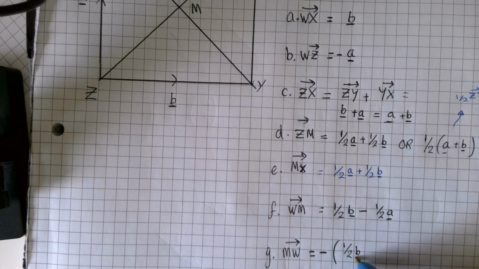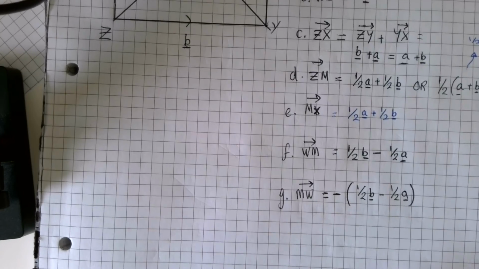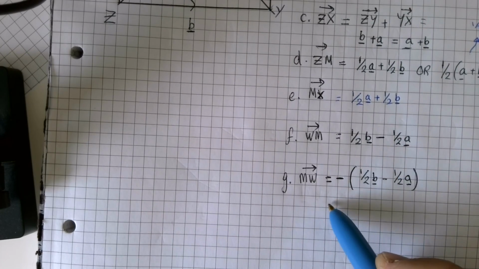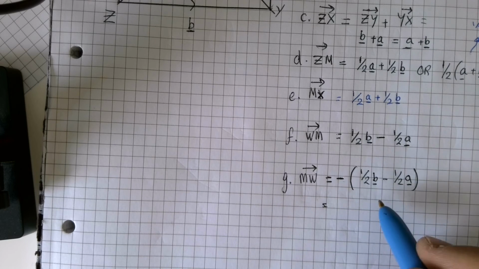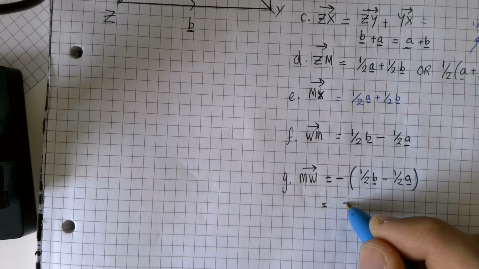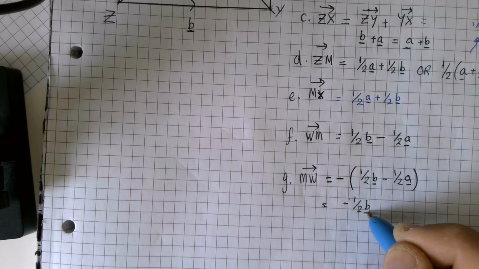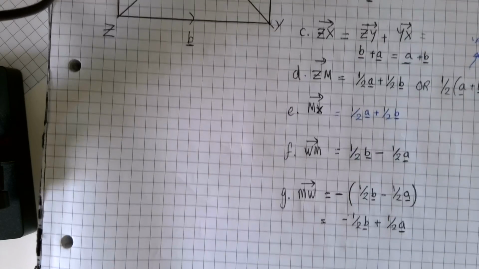Negative 1/2 B minus 1/2 A. So you could actually leave your answer like that. I think that would be acceptable in an exam. Or you could apply the negative to both of them. So it would end up being minus 1/2 B plus half A.